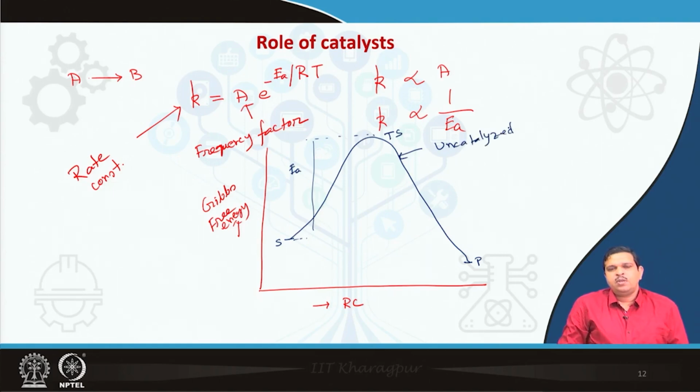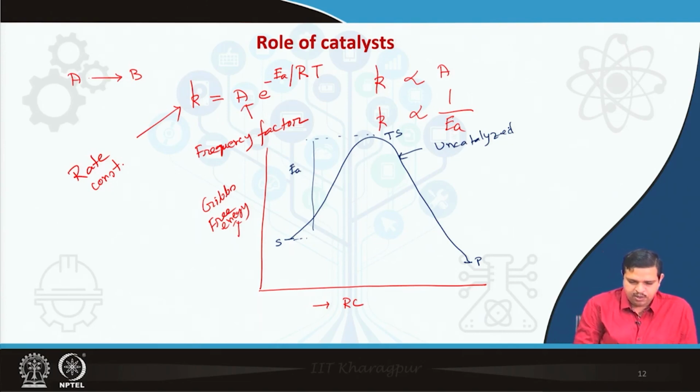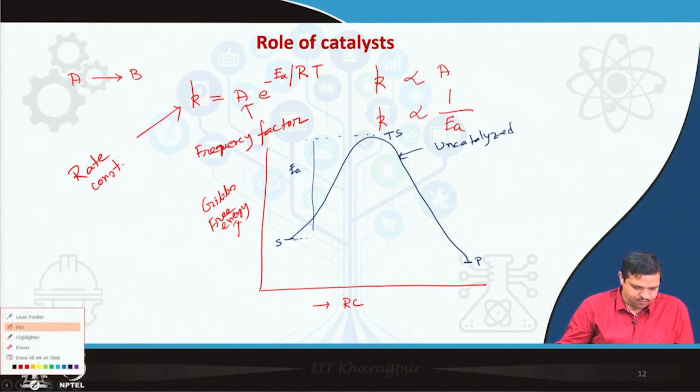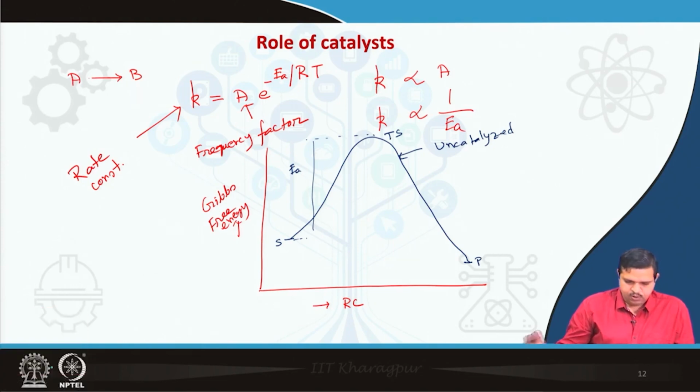Now, what will happen if you are facilitating the reaction by using a catalyst? So, the major role of the catalyst is basically to lower down the activation energy, and how does it do that? I am showing in a very qualitative way.